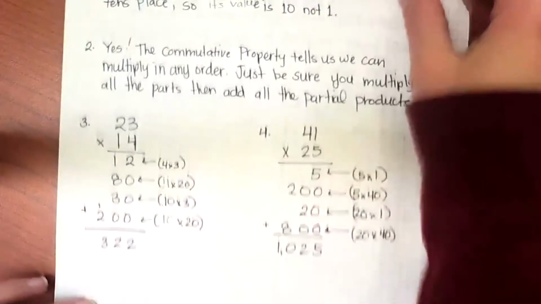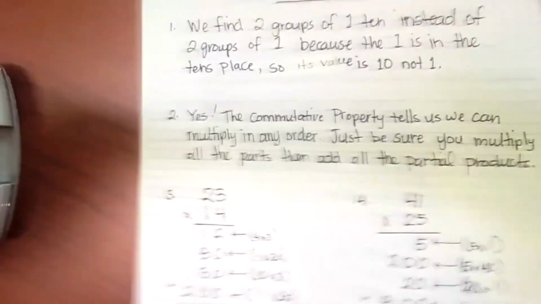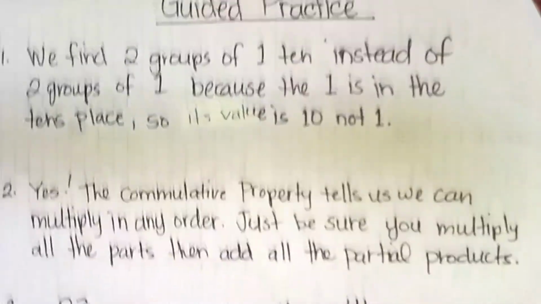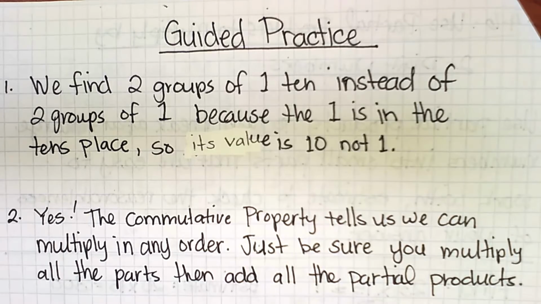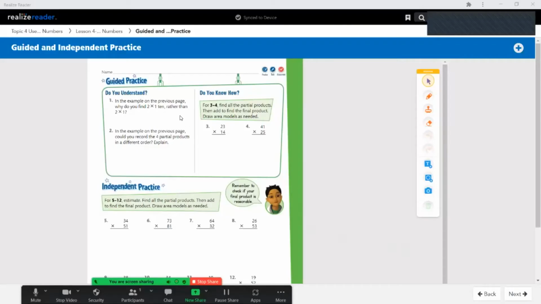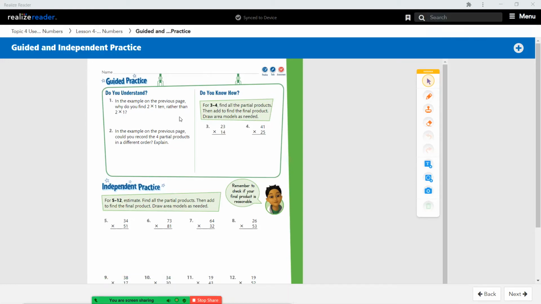Now in our guided practice, it asks us, let me go back to the questions so I can show them to you guys. In our guided practice here, it says in the example on the previous page, why do you multiply 2 times 1 ten rather than 2 times 1?